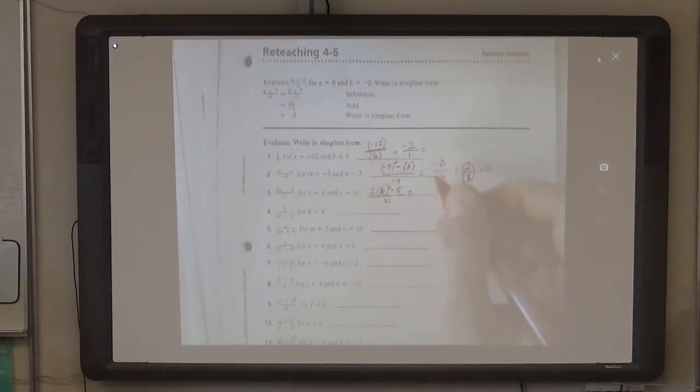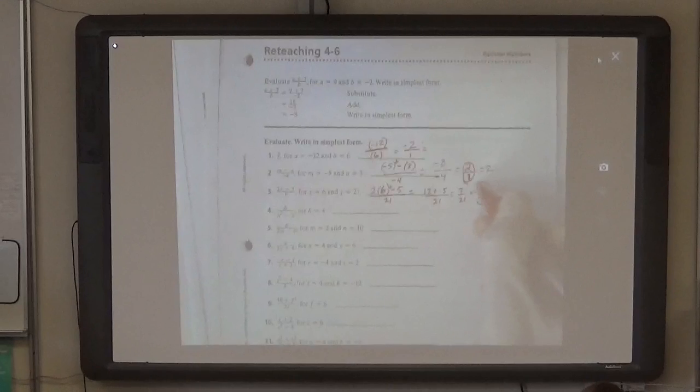What would we do first before we take away 5? Multiply 2 and 6, which is 12. Then 12 minus 5, which is plus negative 5, is 7. 7 over 21. So 7 over 21 is 1/3. Okay? How do you get one?